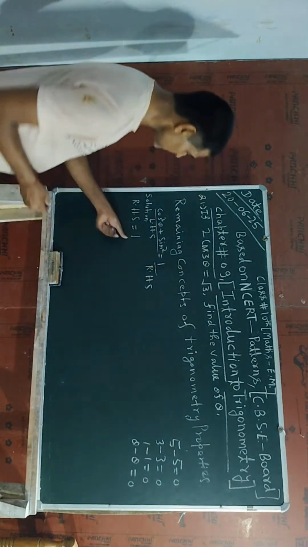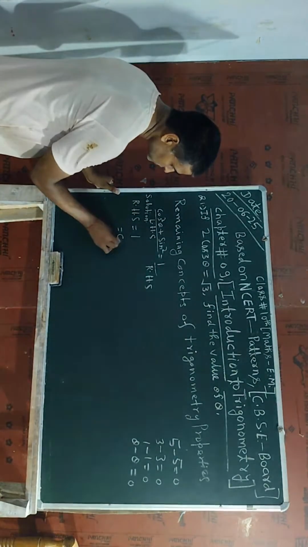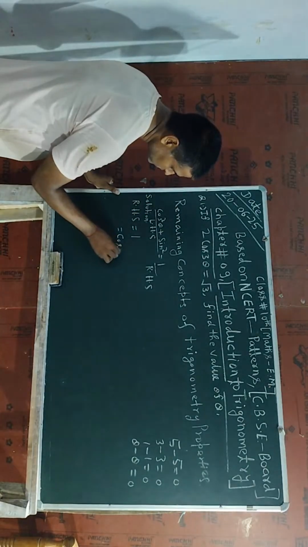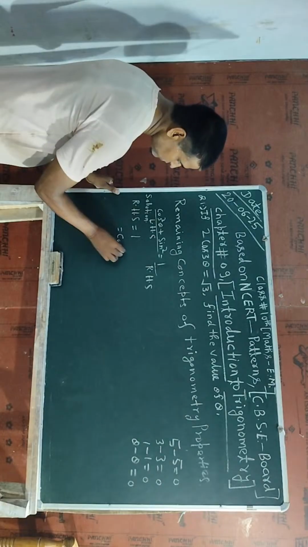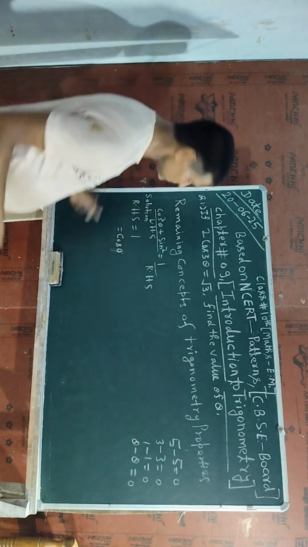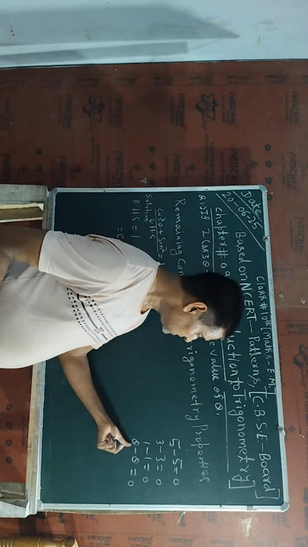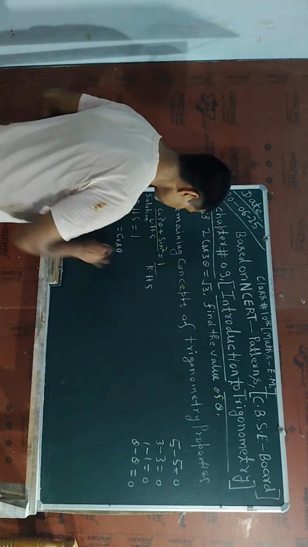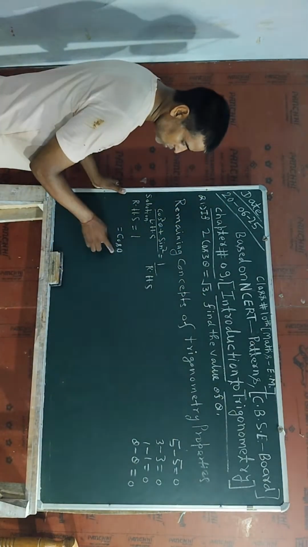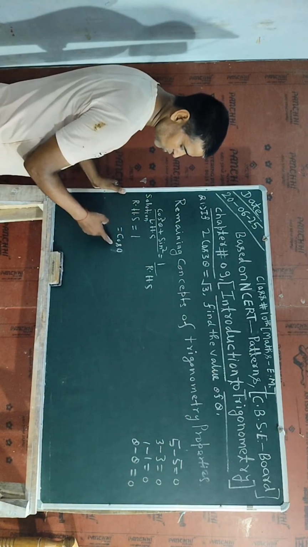Now in the place of 1 I can write cos 0 degree, because here I will write theta minus theta, and its value will be 0. So in the place of cos 0, which is equal to 1, in the place of 1 I can write cos 0.